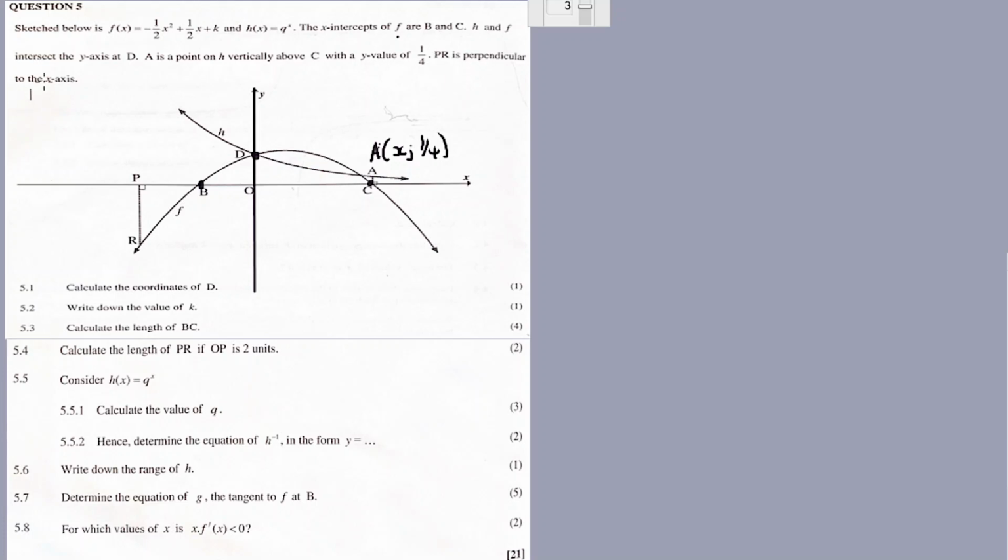Then PR is perpendicular to the x-axis. Make sure you read the statements well and highlight all the important information. These statements will help you a lot, so don't rush to solve the questions.